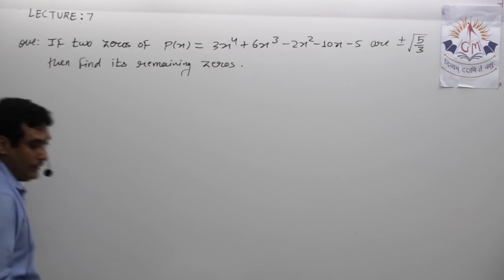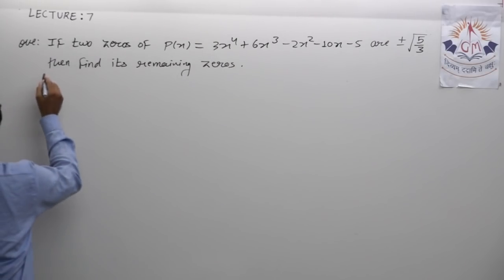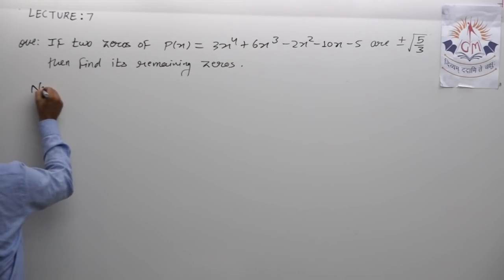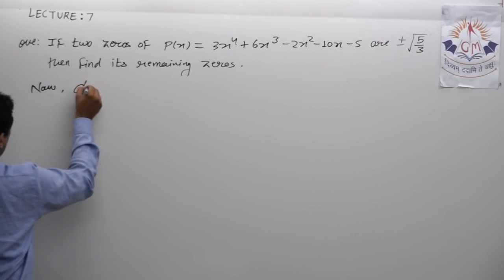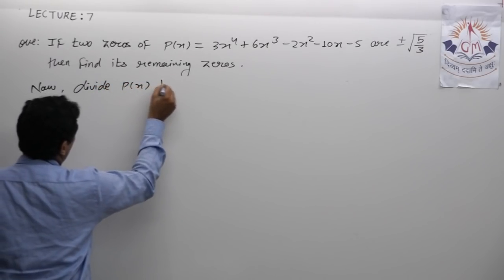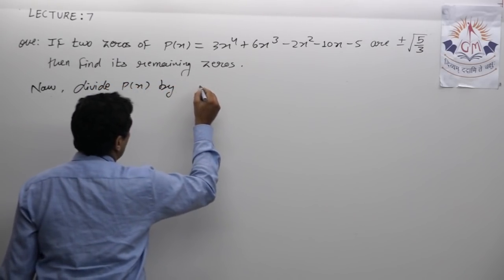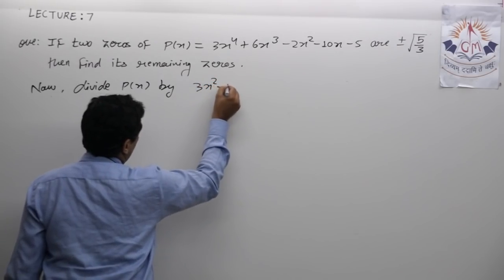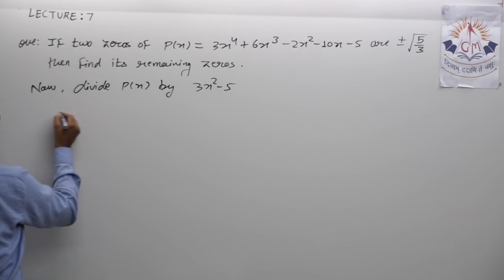Okay, so now we'll divide p(x) by 3x square minus 5. So let us see the division.